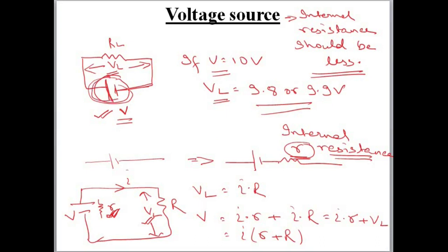The actual voltage source is this, but it will always have some internal resistance, small r we will denote, and this will be your equation. Sometimes in examinations they will give the value of internal resistance and ask you to calculate I. So from this equation you have to calculate I.